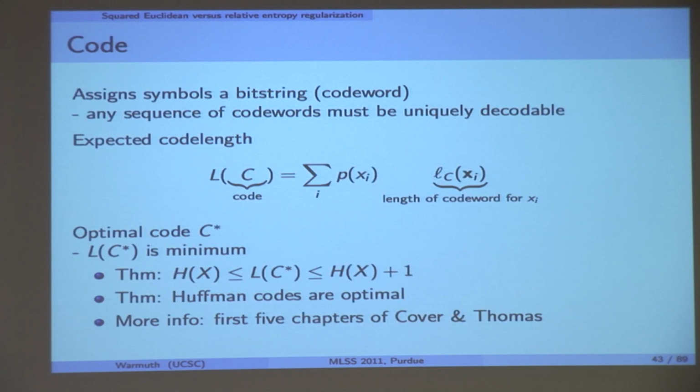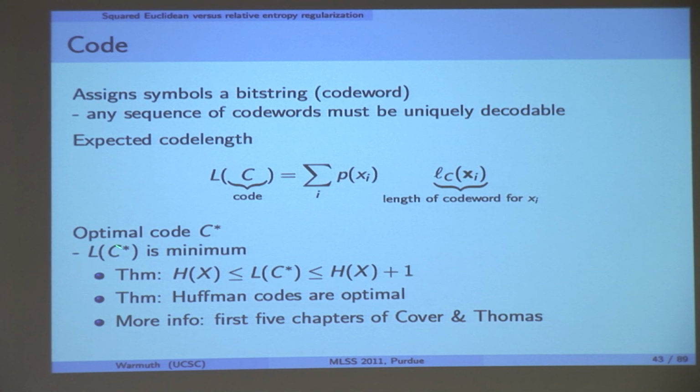Now, you assign symbols. What's a code? You assign symbols to bit strings. This is Shannon-type stuff. Big pioneer. Any sequence of code words must be uniquely decodable. That's the condition you have. Now you can look for a particular code, an assignment of the x_i to bit strings, and look at the expected code length: the sum of p_i times the length of the code word for x_i.